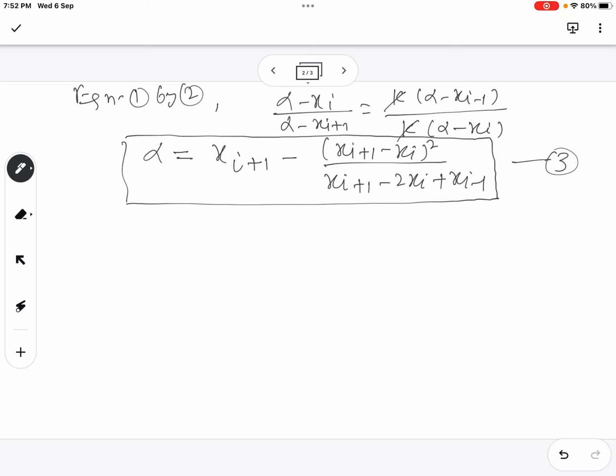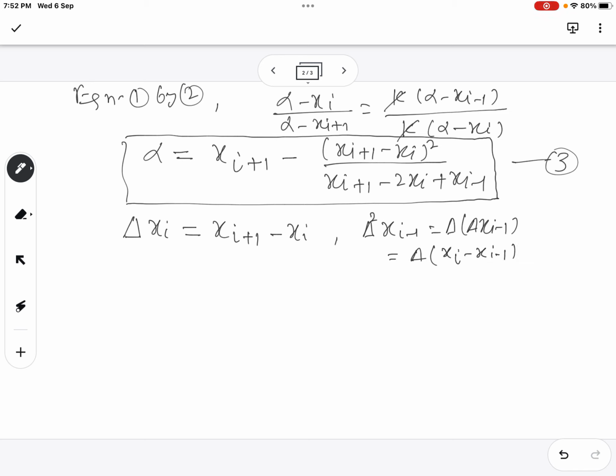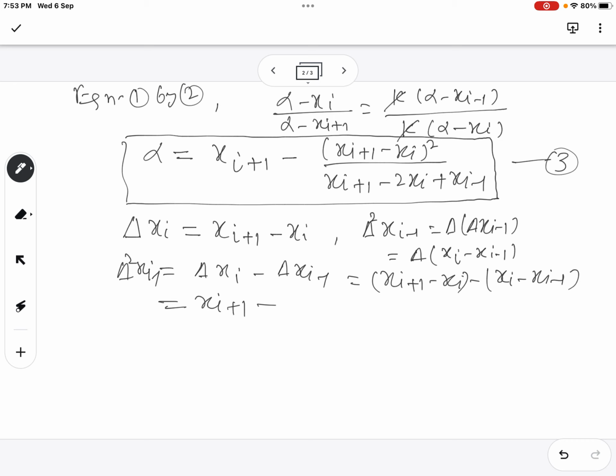For that, let us define delta x i as the difference of x i plus 1 and x i, and the second difference, delta square x i minus 1, can be written as delta x i minus delta x i minus 1, or (x i plus 1 minus x i) minus (x i minus x i minus 1), that is x i plus 1 minus twice x i plus x i minus 1.